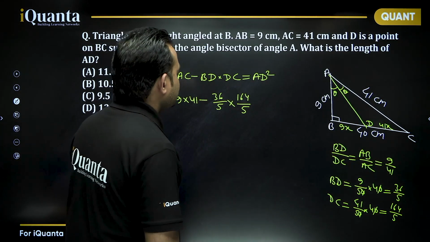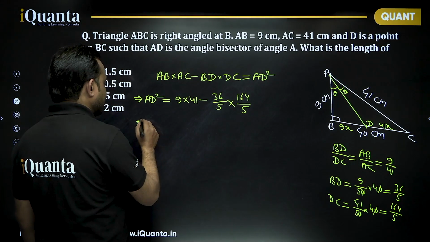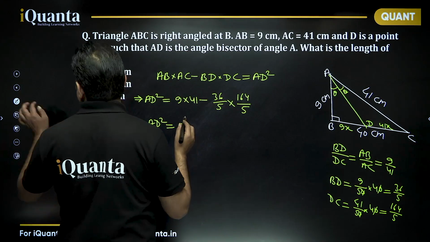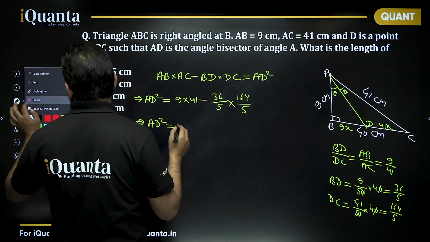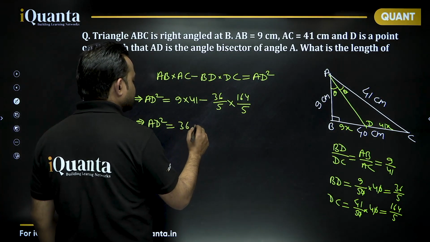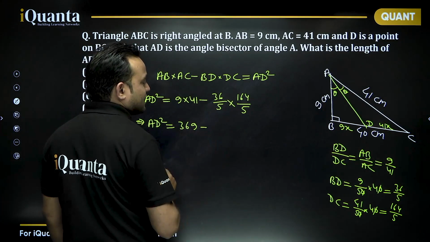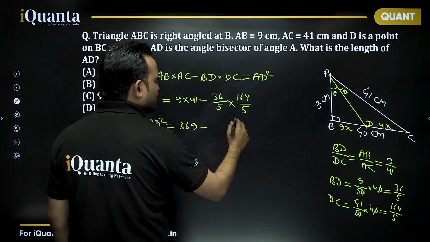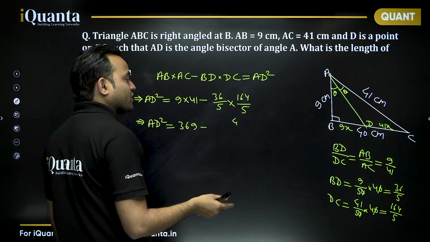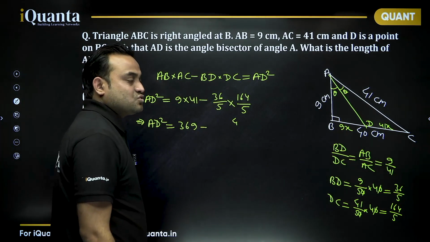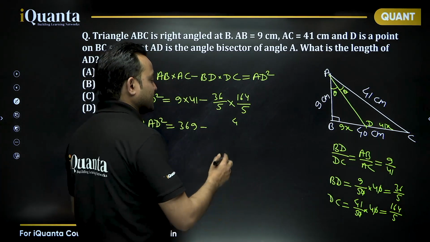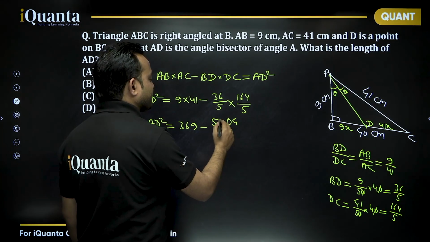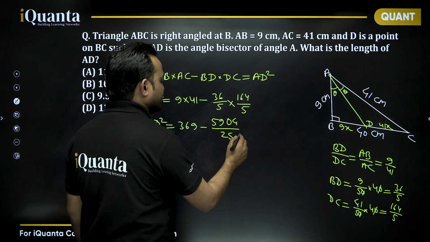Right? So from there, we can say AD square will be equal to 50. This will be 41 into 9 is 369 minus, what's this value? So 36 into 164, 36 into 4, 144, carry 14, 36 into 6, 216 plus 14, 230, carry 23, 36 plus 23, 59, upon 25.